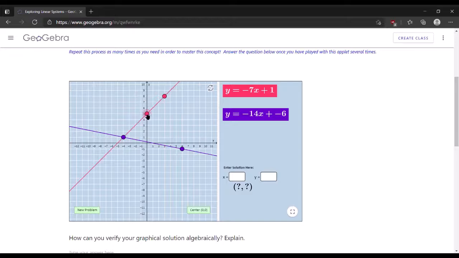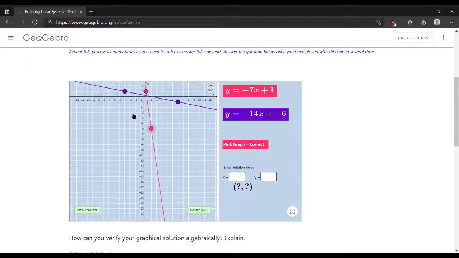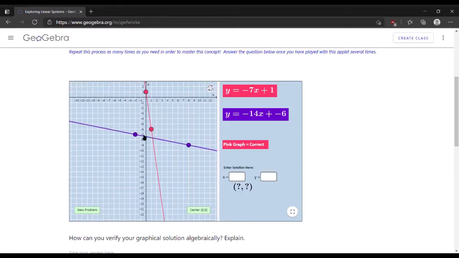For example, this equation right here starts at 1, so let me put it at 1 at the y-intercept, and it decreases by 7 units, so it has a slope of negative 7. And over here it starts at negative 6, and it has a slope of negative 14, which means it's like this, because negative 6 minus 14 is negative 20.